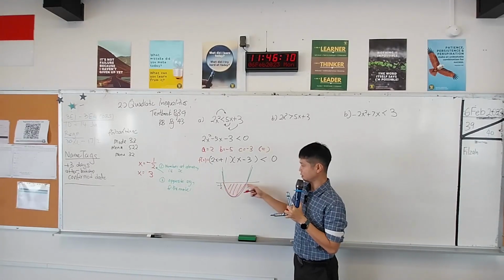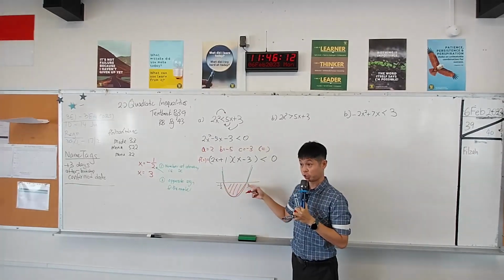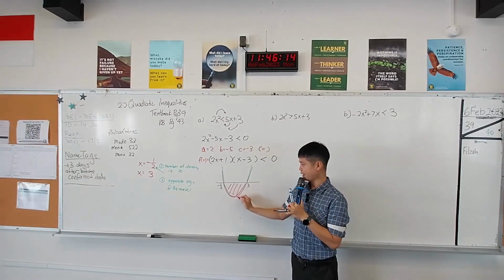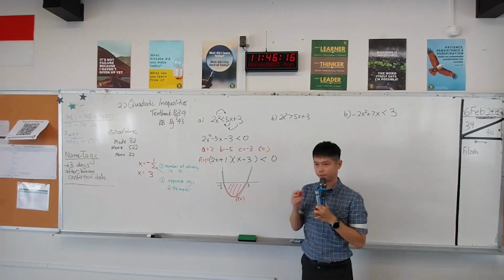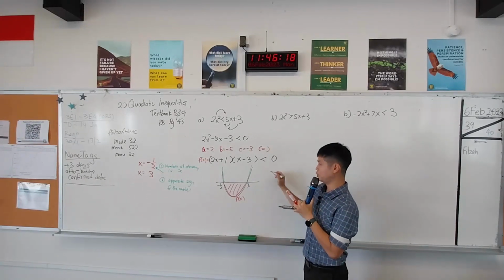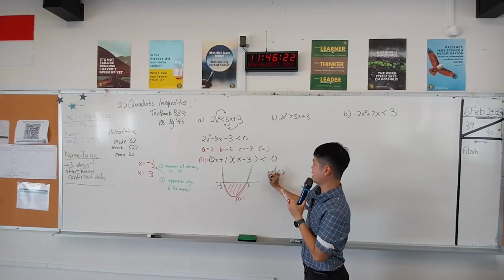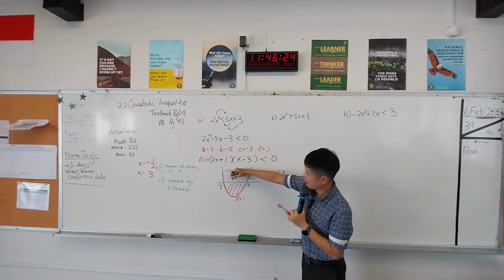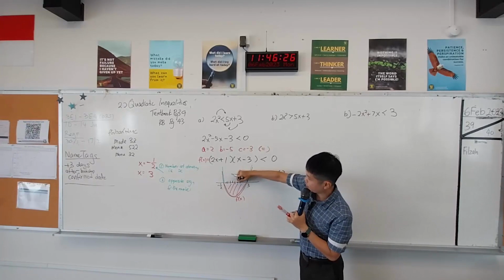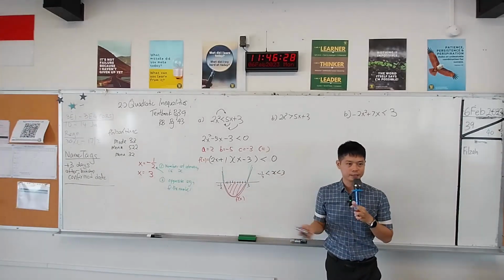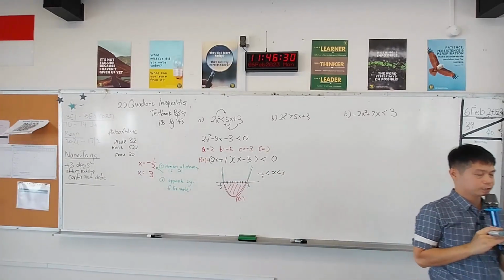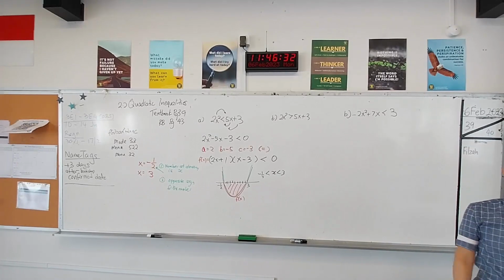Whenever our x falls within this range, the fx is always negative. So the solution will be between 3 and -½. Any numbers between 3 and -½ will give us a negative fx value. Right? So that's the idea.